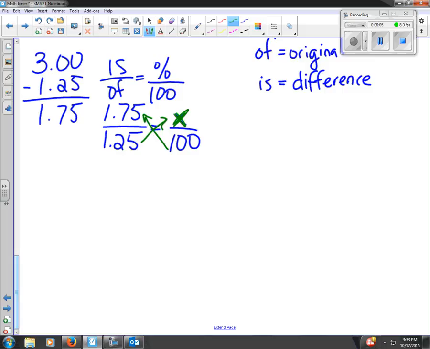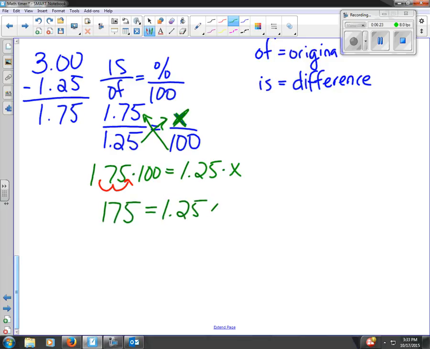Okay, so here we are. Cross multiply, and you get 1.75 times 100 equals 1.25 times x. And when you multiply by 100, you just move the decimal point over to the right 2 spaces. So it's 175 equals 1.25x. You divide by 1.25, divide by 1.25, okay?